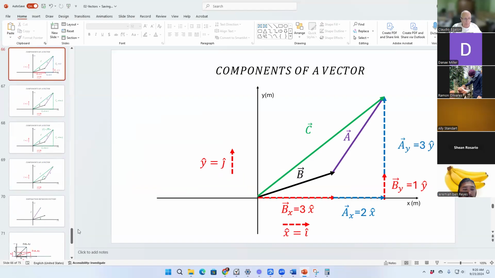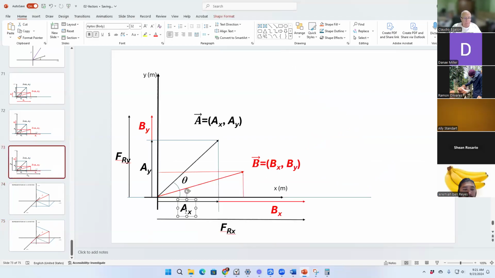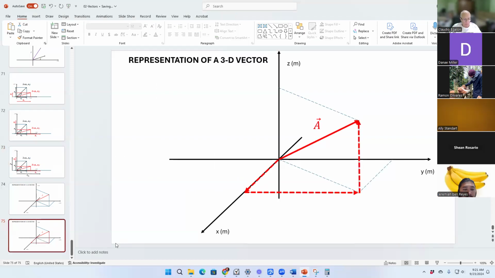The x component of A, the y component of A, and then we have the z component of A. See how those vectors sum up? I will use those right here.